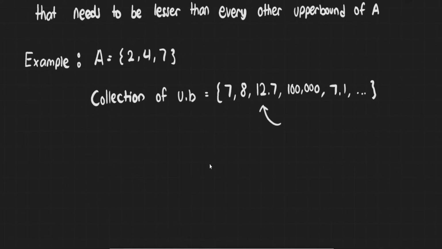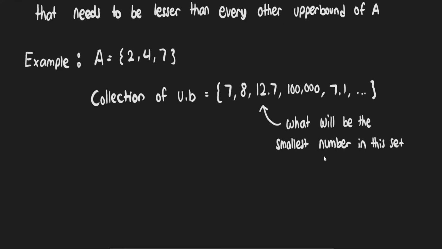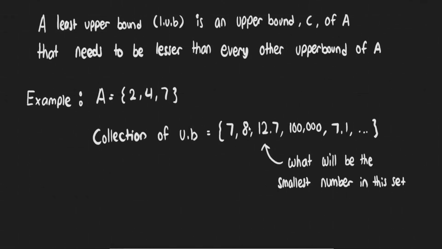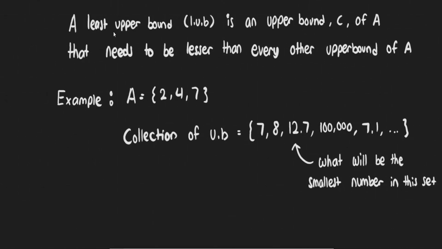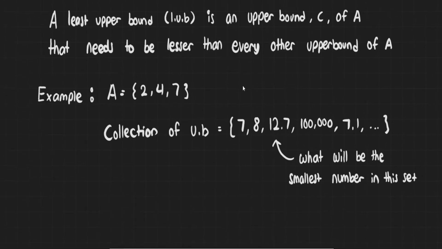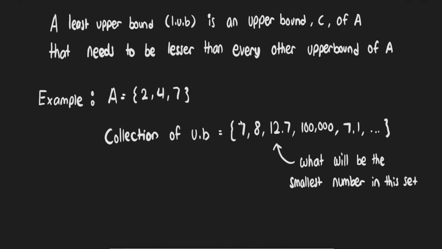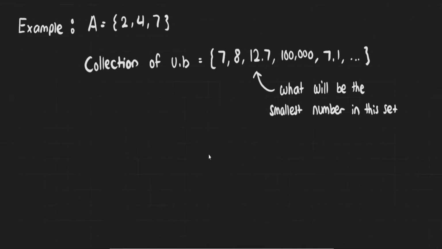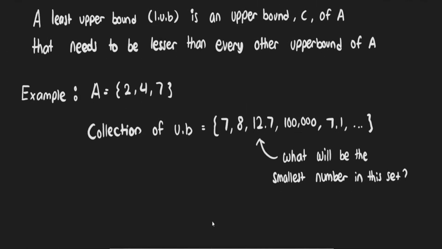We want to ask the question, what is going to be the smallest number in this set, right? What is the smallest number out of all of these? Then that would be the least upper bound, right? This is a collection of upper bounds. You want to find the smallest one, and that smallest one is obviously going to be the least upper bound, right? Nothing special, nothing more to it. That's just the idea, right?